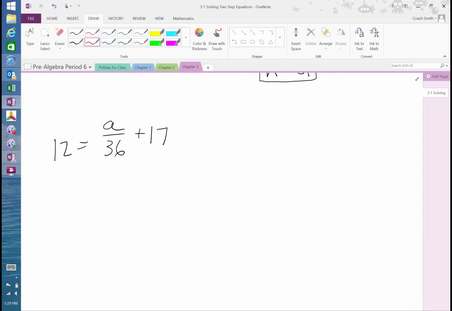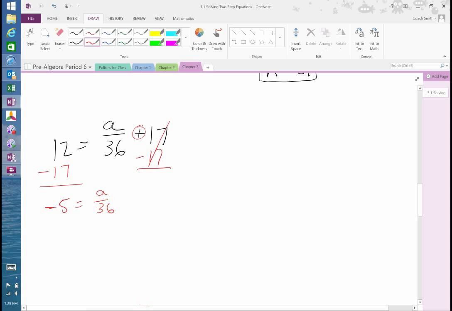First things first, we're adding here, so we've got to subtract 17 from both sides. Okay, that cancels, leaving me with negative 5 equal a over 36. It's negative 5 because this right here is 12 minus 17. 12 minus 17 gives me negative 5.